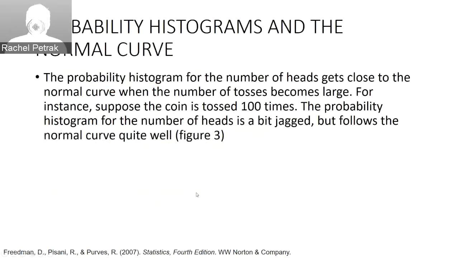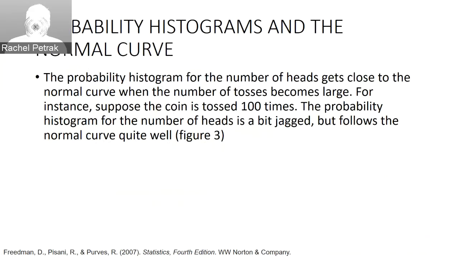So as you can see, there are some interesting applications of the probability histograms and the normal curve. The probability histogram for the number of heads gets close to the normal curve when the number of tosses becomes large enough.